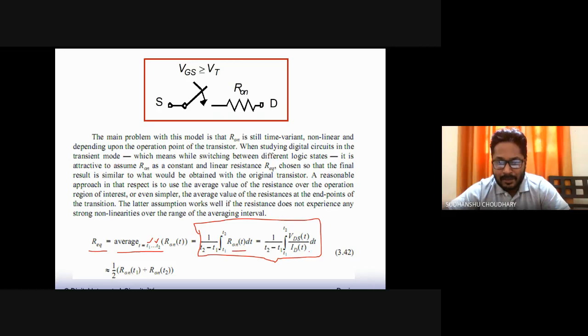Then R on can be replaced by VDS by ID. Once you integrate this, you will obtain the value of R equivalent. The other approach is to simply take the value of R on in region T1 and R on in region T2 and take the average, that is, add them and divide by 2. Two approaches are there, right?